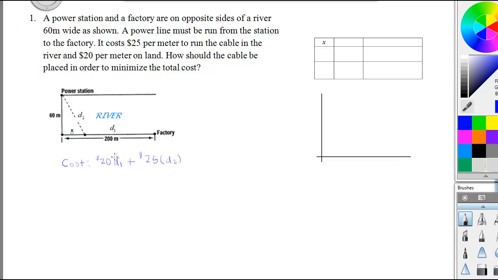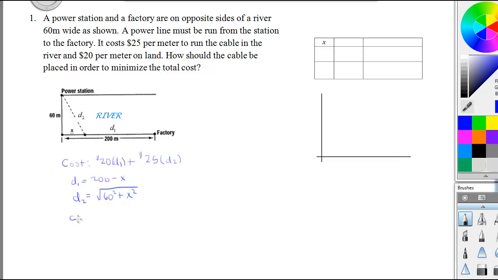And then you need to get D1 and D2 written in terms of x. So you could say that D1 is equal to 200 minus x, because it's just this linear distance here, and D2 involves the Pythagorean theorem, the square root of 60 squared plus x squared.